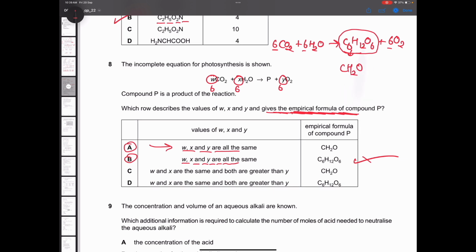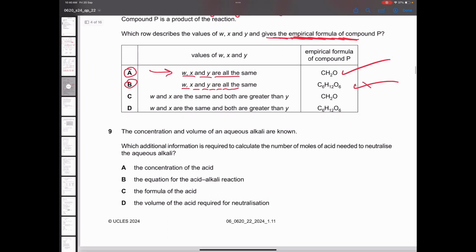You divide the molecular formula of glucose by 6. So the simplest formula, empirical formula, will be CH2O. So option number A is correct, not B. B would have been correct if they were asking you the molecular formula instead of empirical formula. Since they are asking you empirical formula, use the simplified formula, that is CH2O.